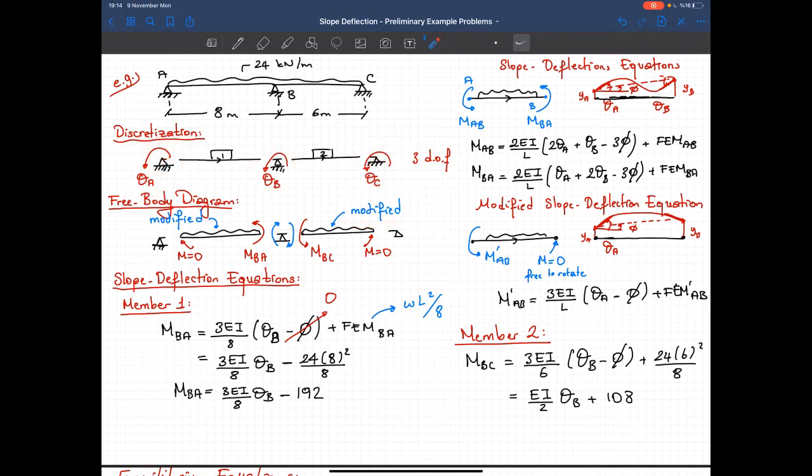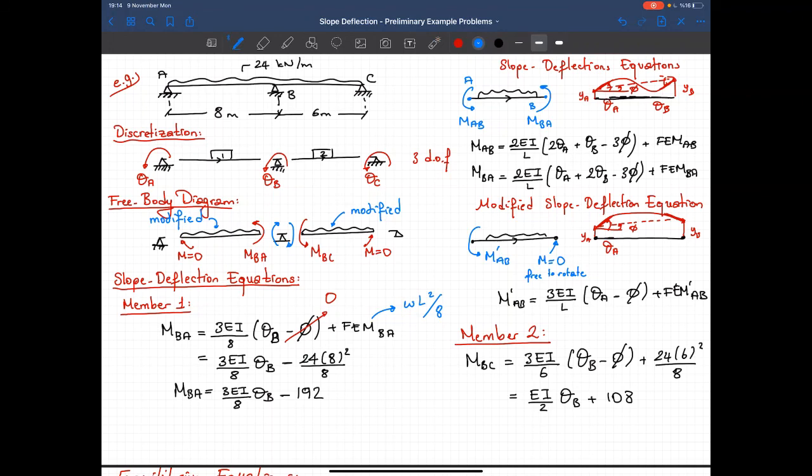Okay, so from now on, in order to simplify our solution, whenever we have a free to rotate condition or moment equal to 0 condition, we will be using the modified equation. Otherwise, we have to do a lot of extra calculations.